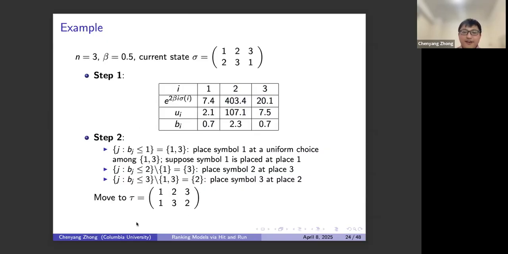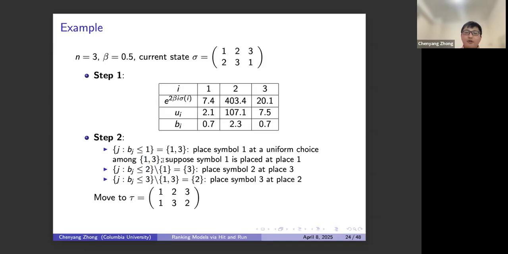And we can implement the earlier algorithm by first looking at the locations j where B_j is less than or equal to 1. Here we can see only 1 and 3 satisfy this constraint. So only 1 and 3 are the available locations. And we are going to place symbol 1 at a uniform choice between those locations, which is equivalent to saying that we pick one of them at random. Suppose that we pick 1 here.